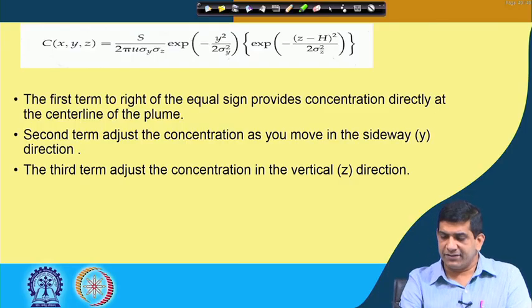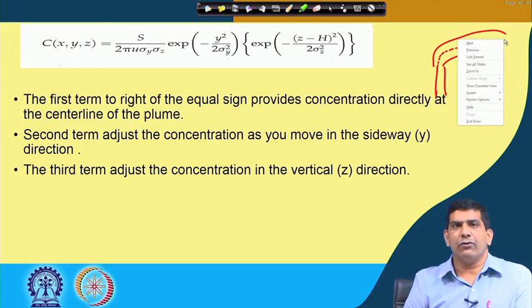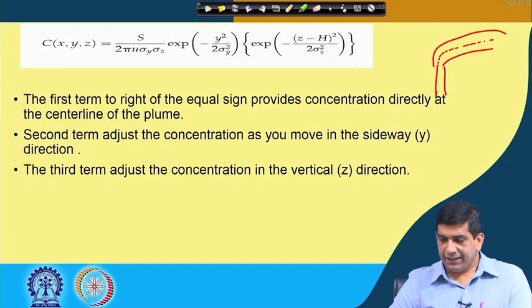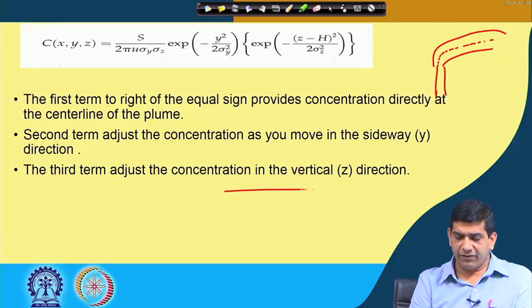If this is my chimney and things are coming out like this, there is a center line, which will be known as the center line of the plume, and then we have the extremes. So, the second term adjusts the concentration as you move sideways in the y direction. The third term adjusts in the vertical z direction.